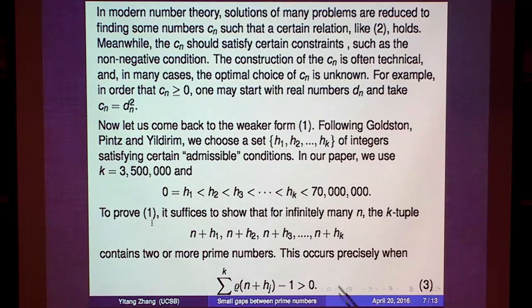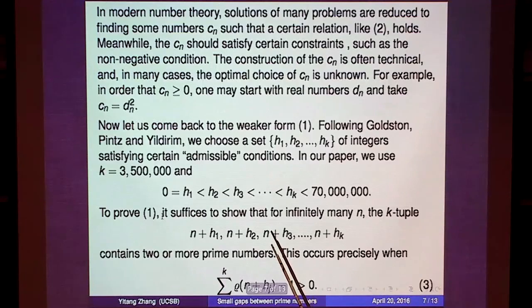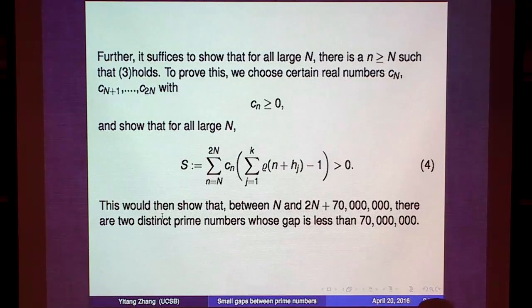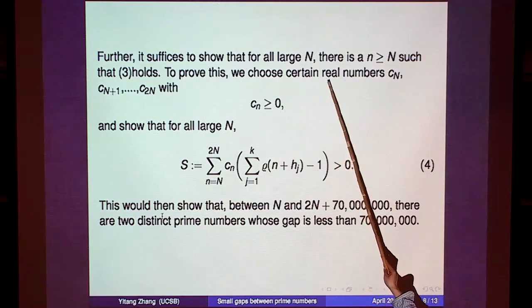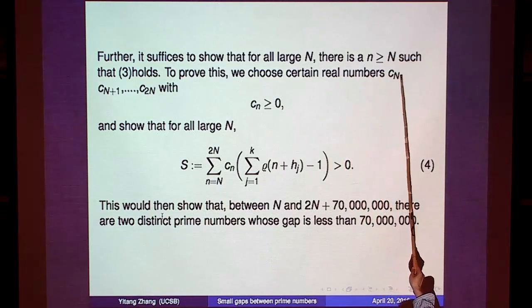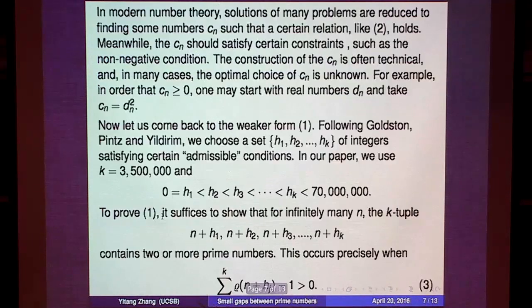I skipped it because of a typing error, sorry. So we need to prove this. Further, to prove that for infinitely many n the sum above is positive, we need to show that for all large capital N, there is an n greater than capital N such that 3 holds. 3 is just the last one here.